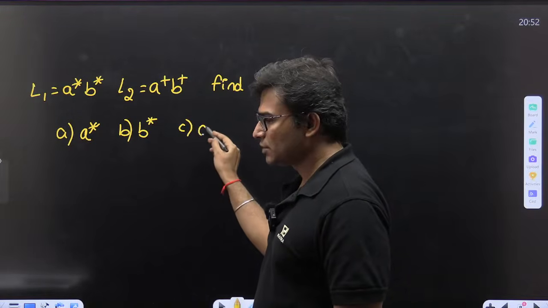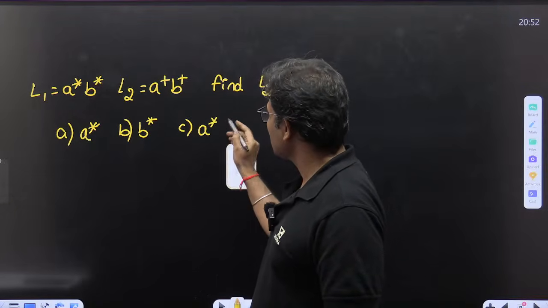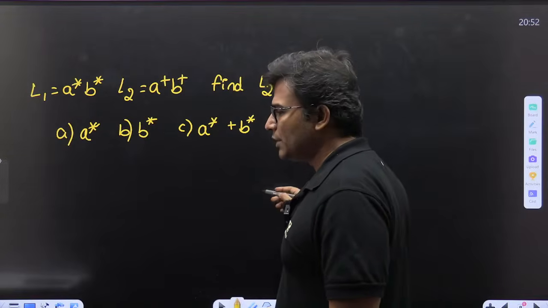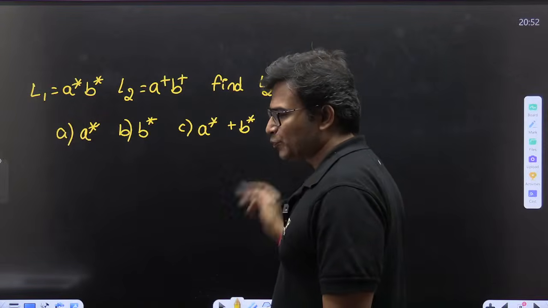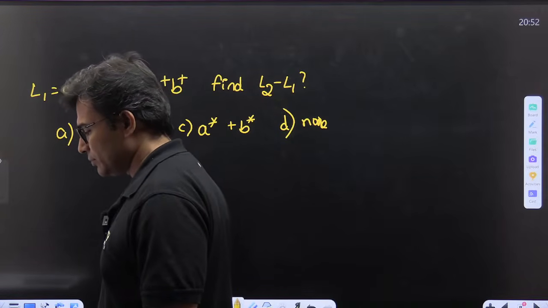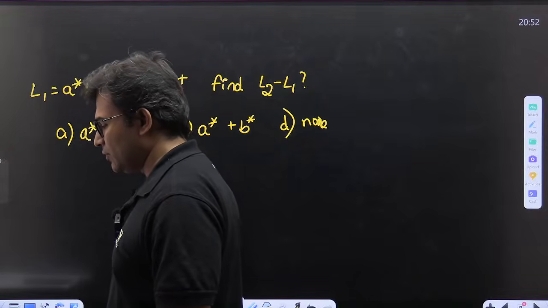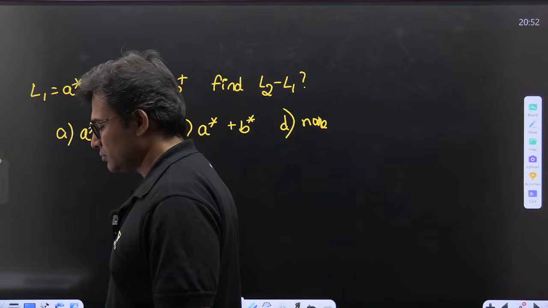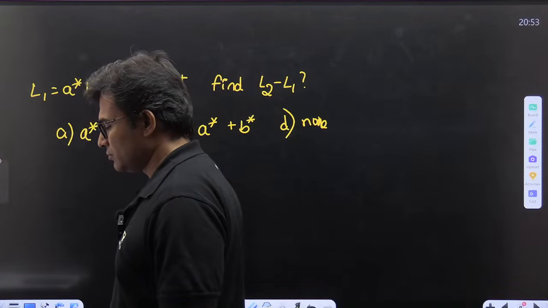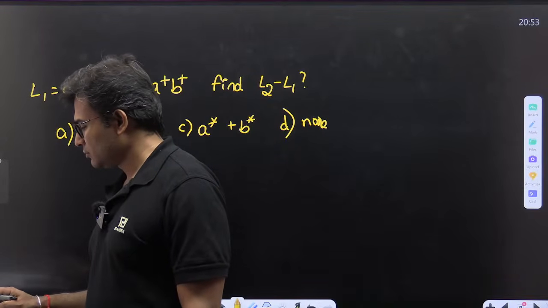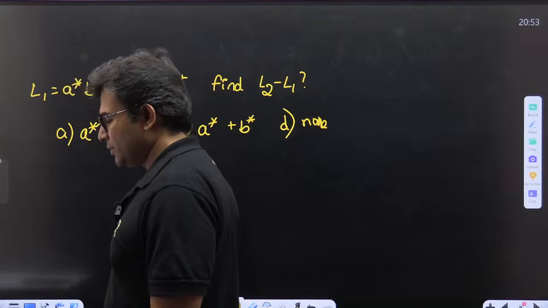Option C is A* plus B*. And option D is none. Right? L2 minus L1.